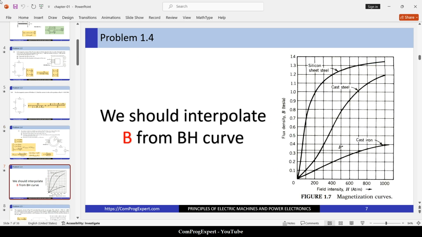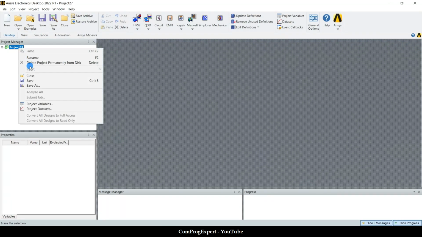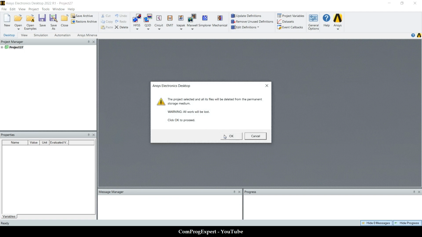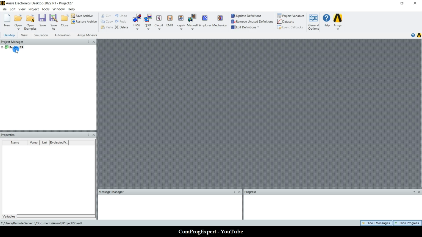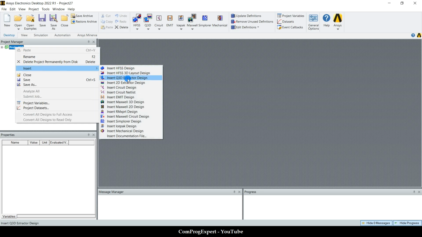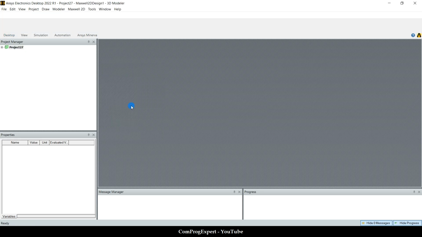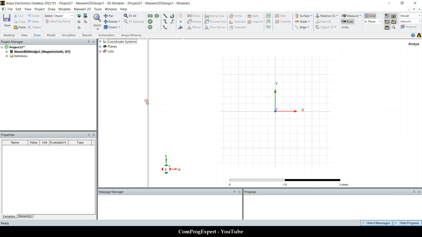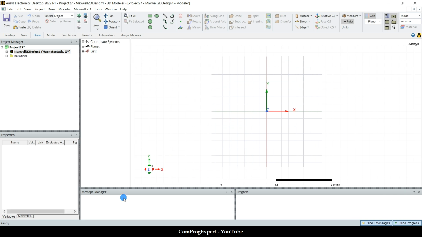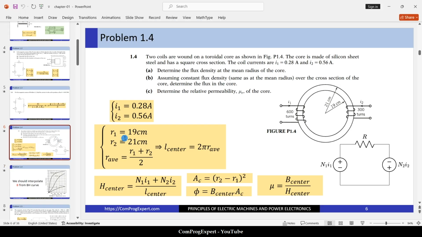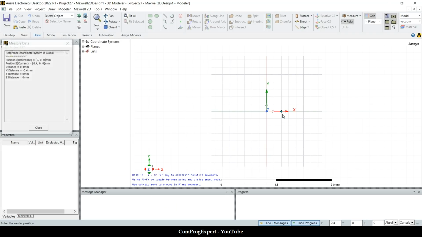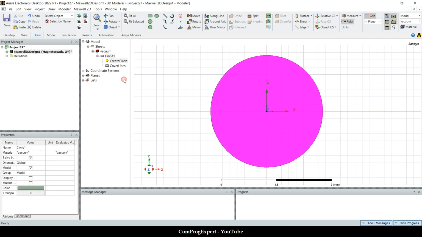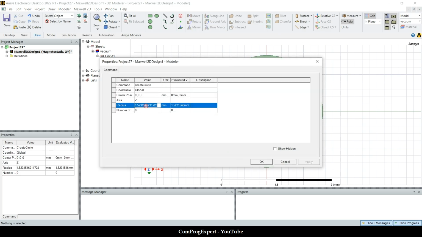Now let's solve this problem in ANSYS Maxwell and compare the results. So generate a new project and add a 2D design, a Maxwell design. We need to draw this geometry first. Draw a circle like before. What is the radius?